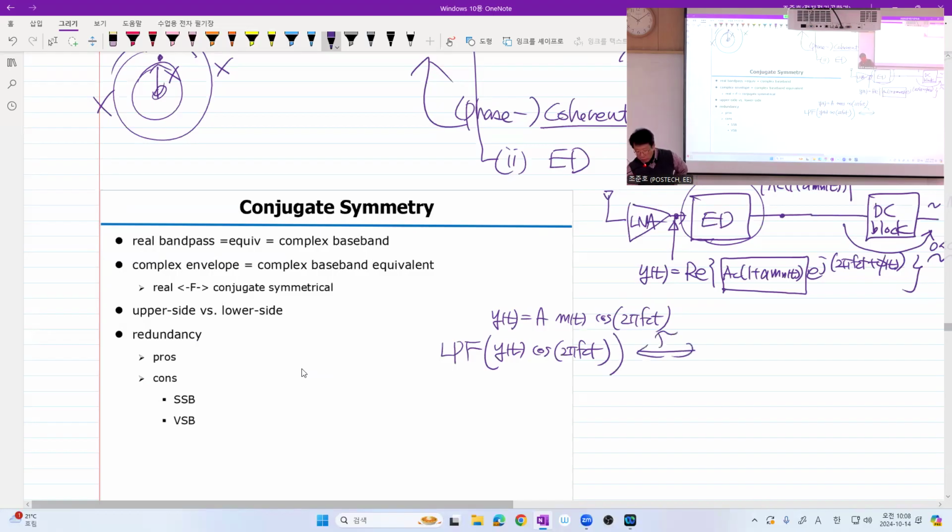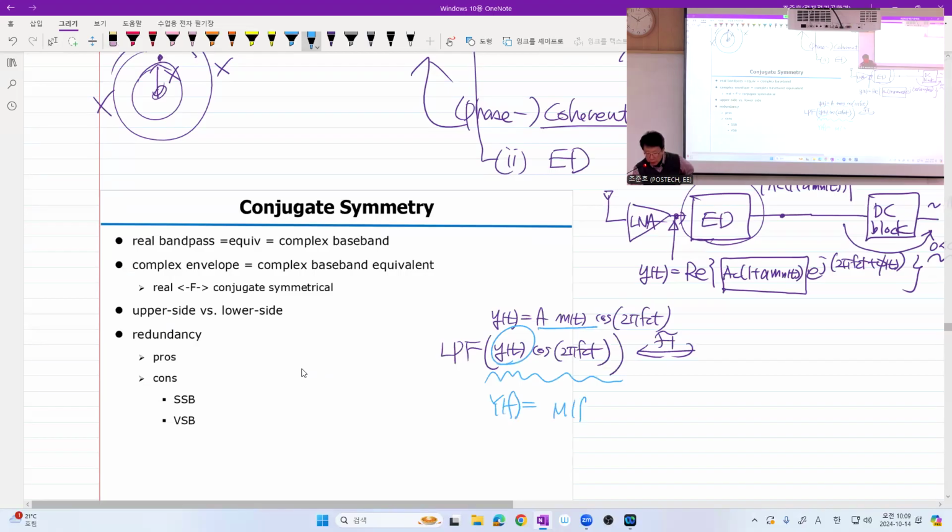And what is the corresponding frequency domain representation? So here, let's focus on this part first, focusing on y of t first.